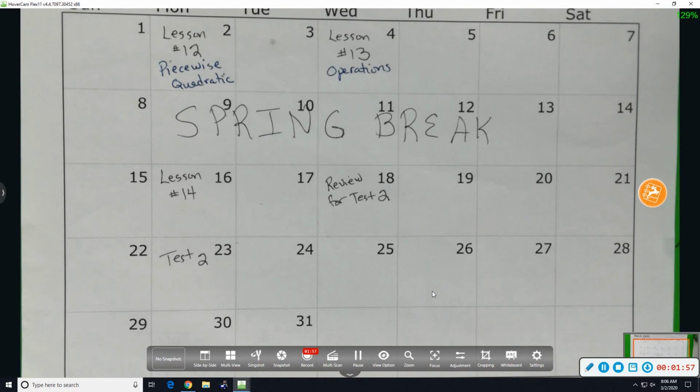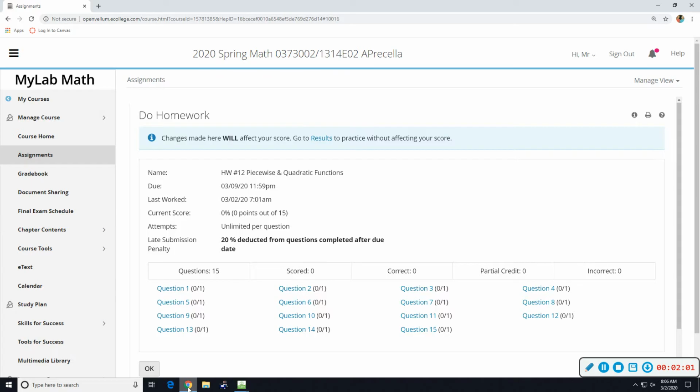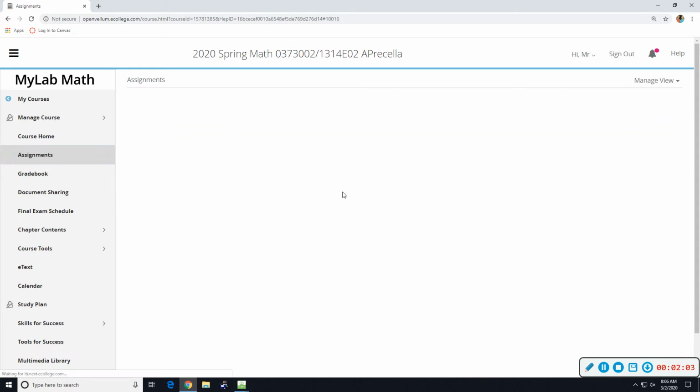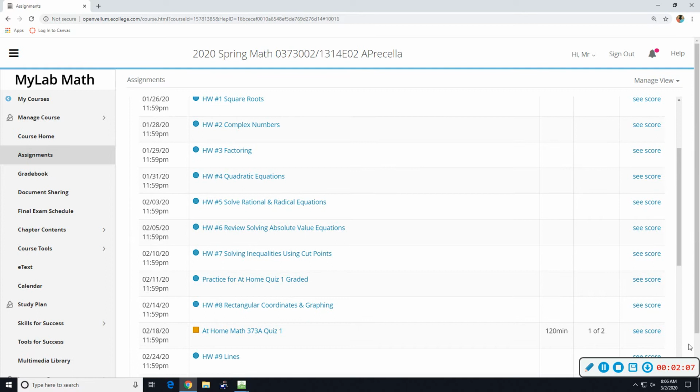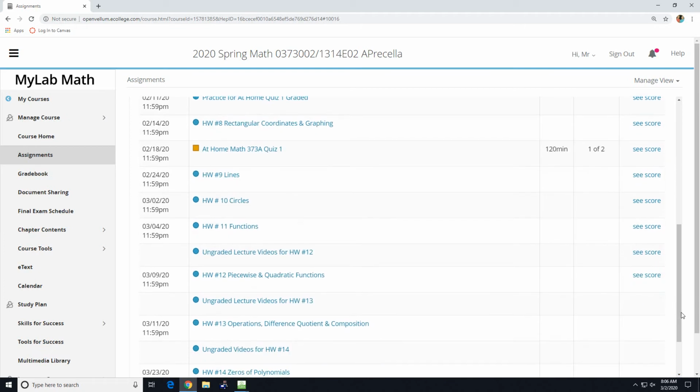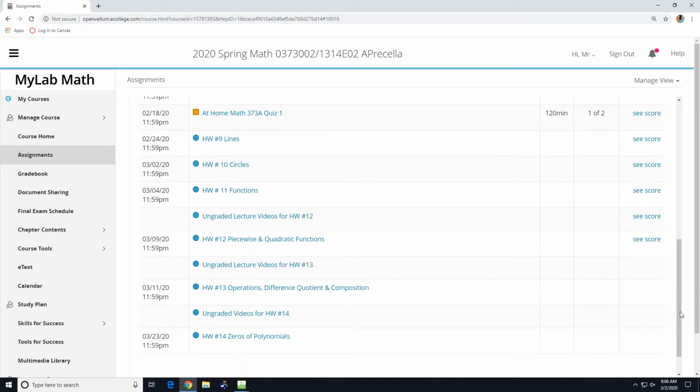Let's look at this list of homework assignments. I think all the homework assignments are open. Scan on down. So this upcoming test is going to cover, which it's 3 weeks away, okay?